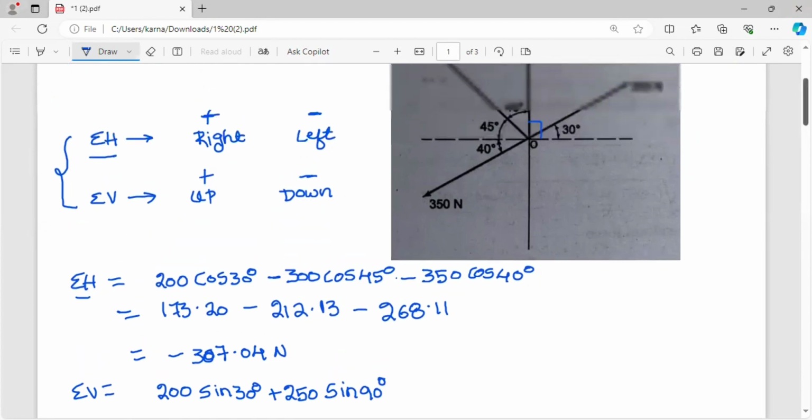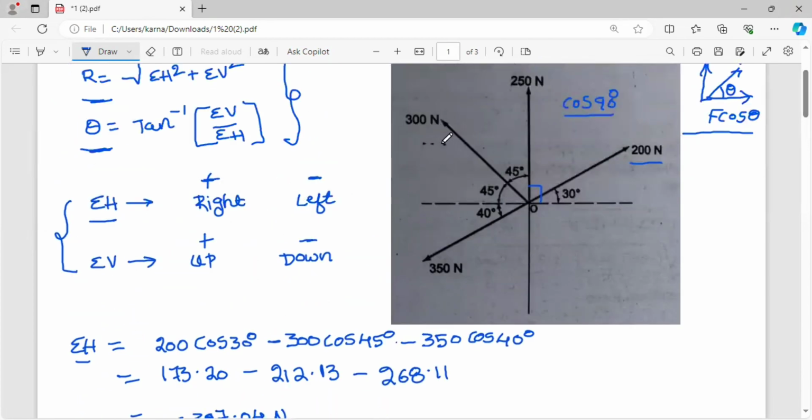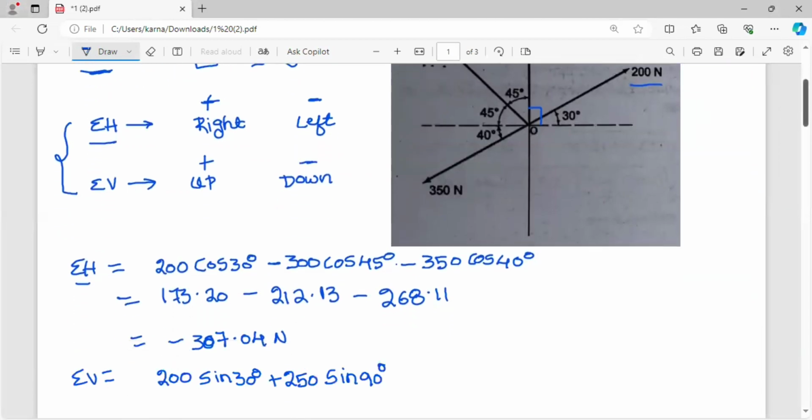Next, coming to the next force, this is 300 newtons. It is in the upward direction and the angle of inclination is 45 degrees, so it is 300 sine 45 degrees. Next, the 350 newtons is in the downward direction, so 350 sine 40 degrees.